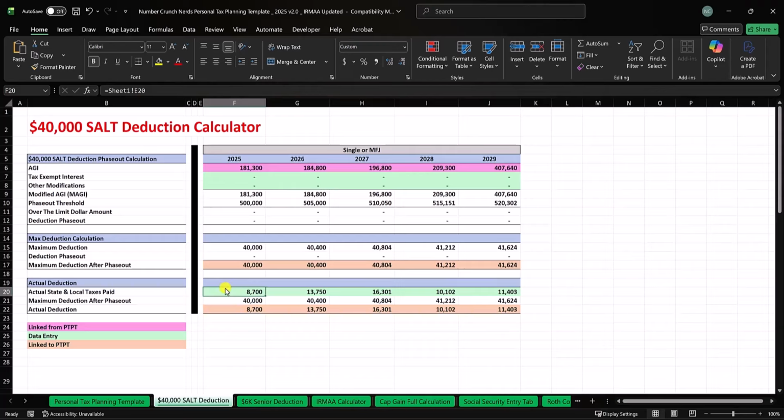And so that brings up the real question of this video: where does this number right here come from? Because as you can see by the green color coding on this tab, this is one of the data entry fields where you have to enter in the amount of actual state and local taxes that you paid. And so there may be a lot of numbers underlying this total right here.